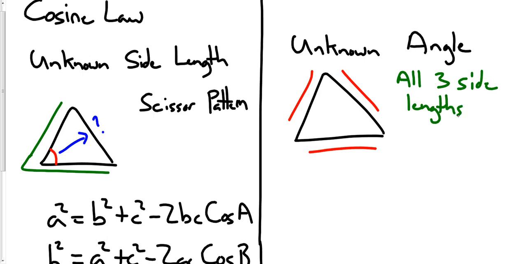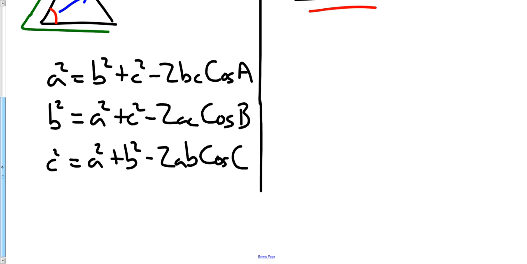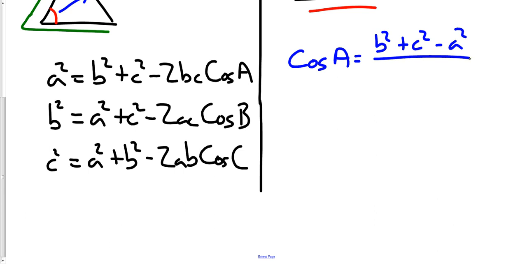And again, the equations to do that, I'll do this one in blue just to mix it up a little bit, is that the cos of angle A is going to equal b squared plus c squared minus a squared divided by 2 times b times c.